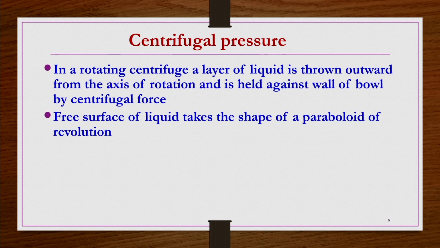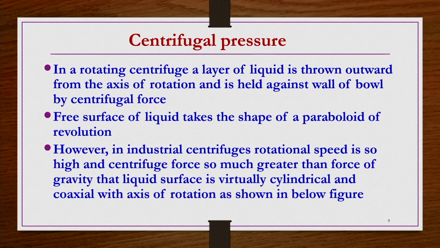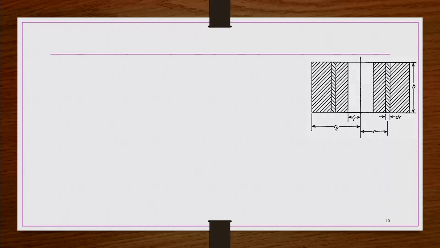The free surface of the liquid takes the shape of a paraboloid of revolution. However, in industrial centrifuges, rotational speed is so high and centrifugal force so much greater than the force of gravity that the liquid surface is virtually cylindrical and coaxial with the axis of rotation, as shown in this figure.